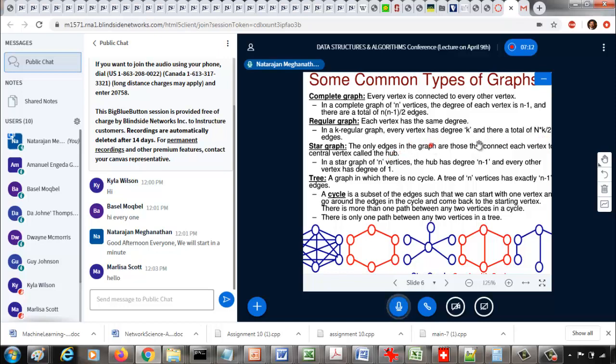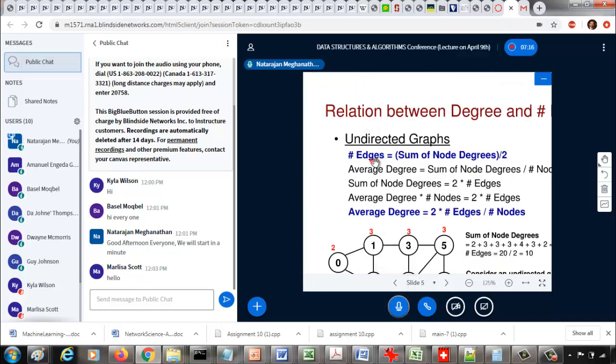Now you can go back to this formula here for the number of edges and get that count there. So in a k-regular graph, every vertex has a degree k, and there are, say, n vertices. So each vertex has degree k and there are n vertices, so the sum of node degrees is going to be n times k, because each vertex has degree k, so add k plus k up to n times.